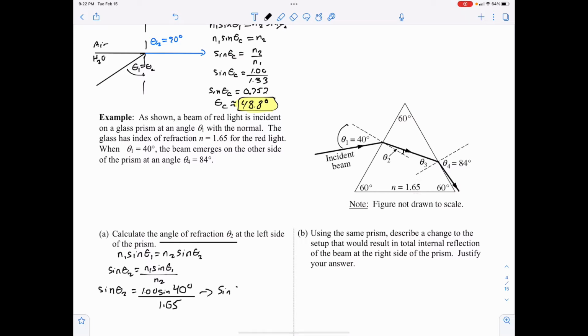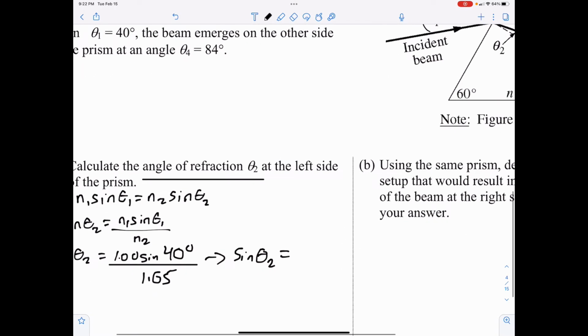Well, when you plug all that in your calculator, let's do this together: 1 times the sine of 40, and then divide that by 1.65.